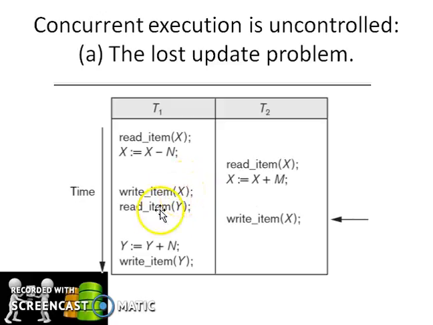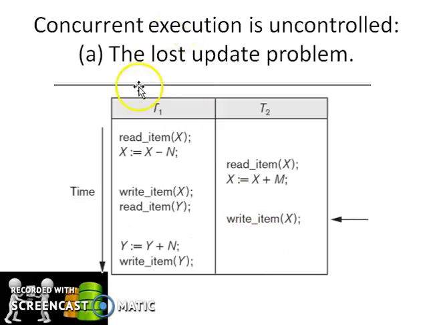What happens is, after the first transaction records the modified value of X into the database, the second transaction is overwriting that modification. So finally, the value of X, which is supposed to be the old value of X plus M minus N, is not stored as it is.